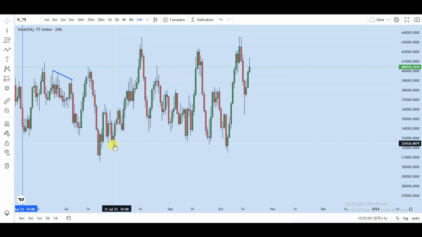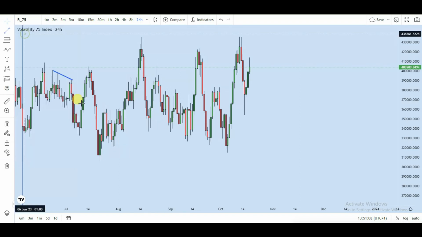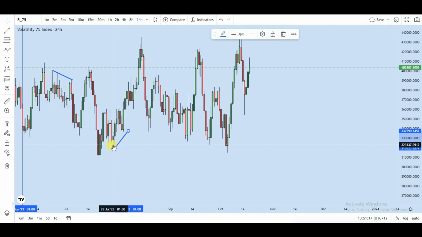Liquidity was being engineered in here, so these are low resistance liquidity which can be taken down later.